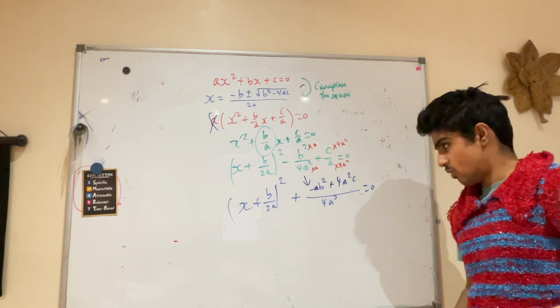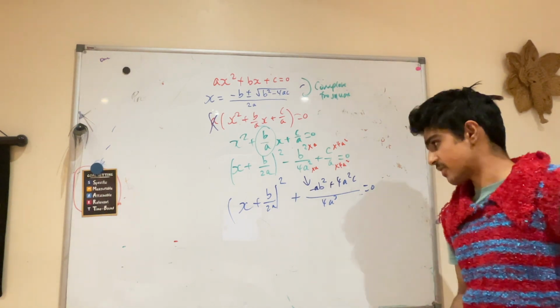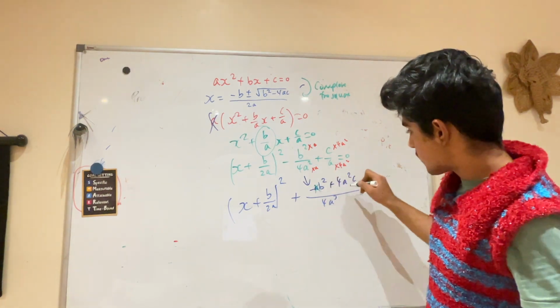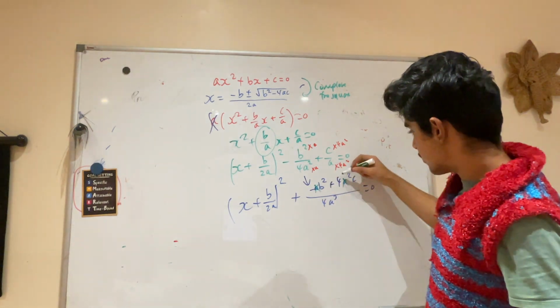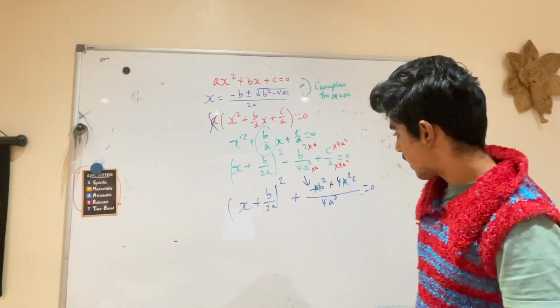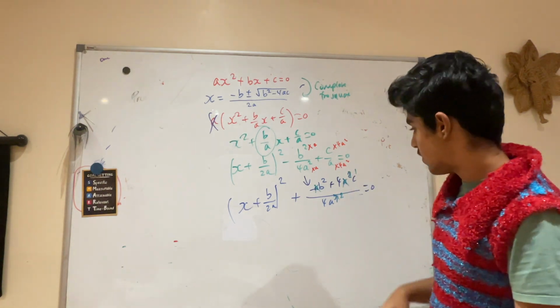Now, we've got this algebraic fraction, frankly. What we want to do is cross off these a's first, because we can just reduce the powers of the a, because we're just factoring it out. Let's take this to 2, and let's take this to 1.